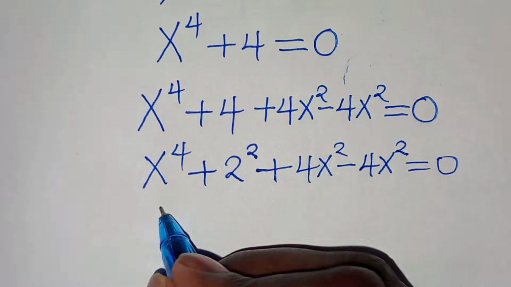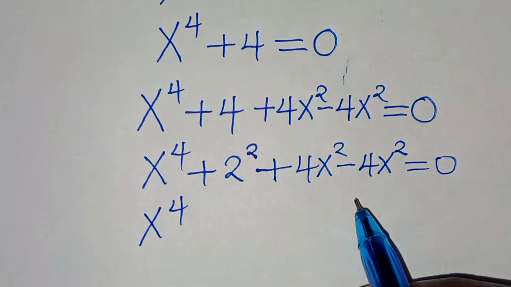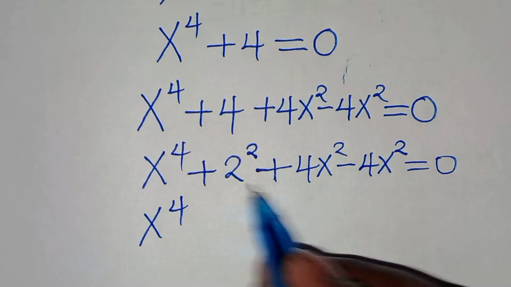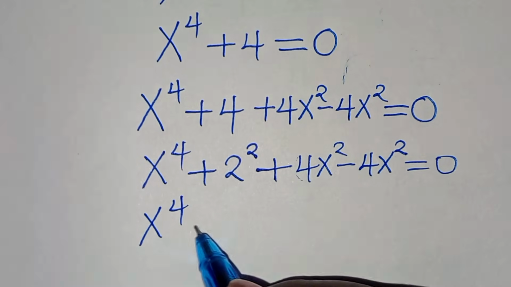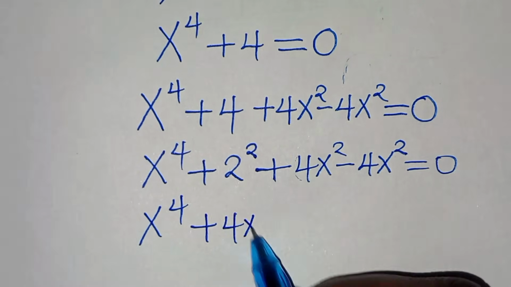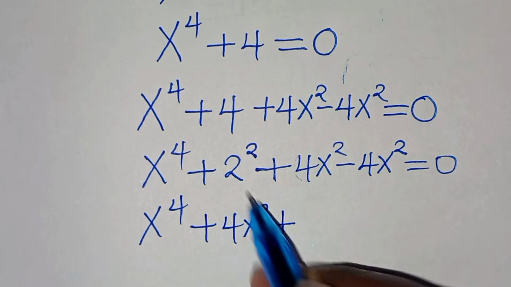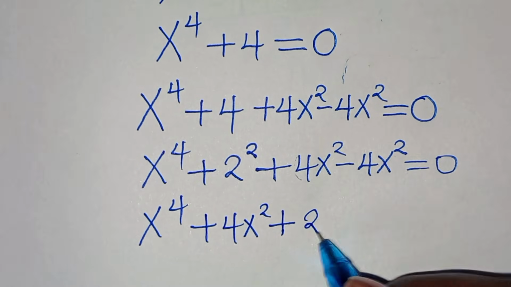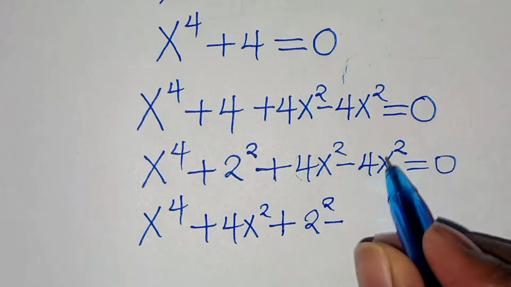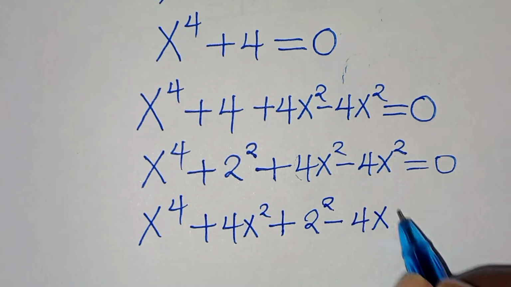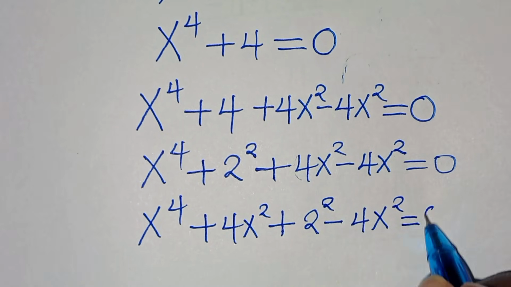We can express this as x to the power of 4 plus 4x to the power of 2 plus 2 to the power of 2, subtract 4x to the power of 2, equals 0.